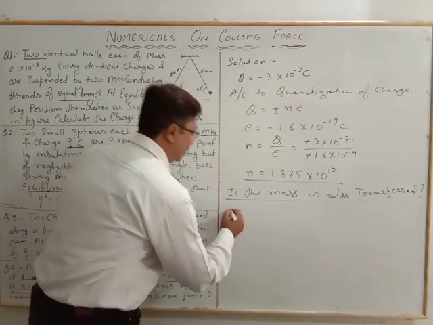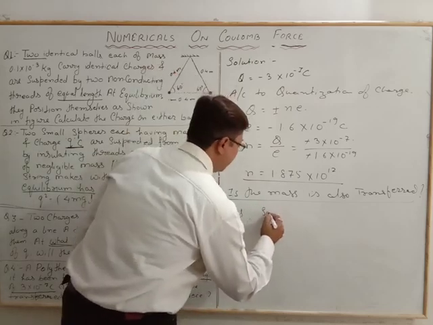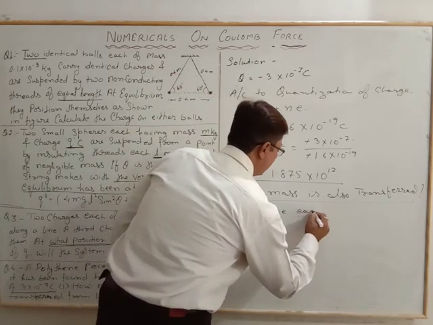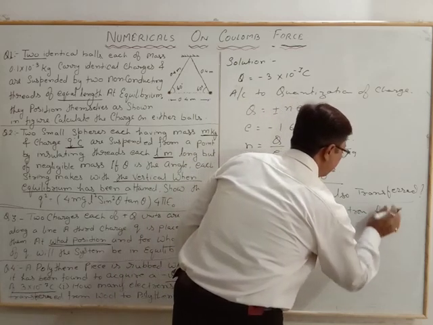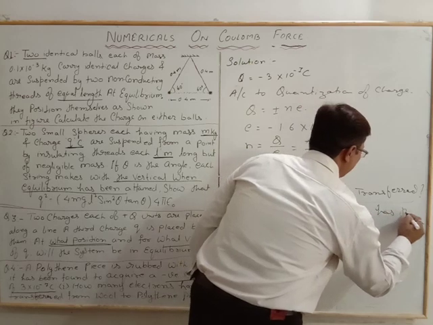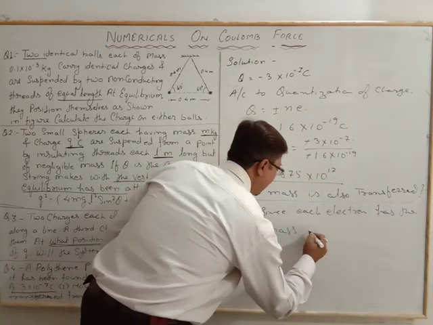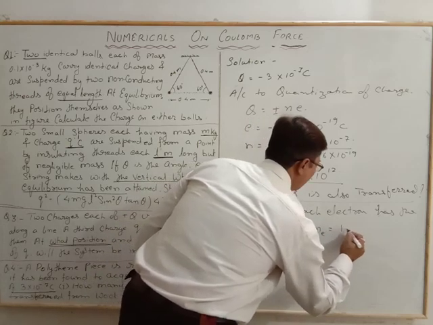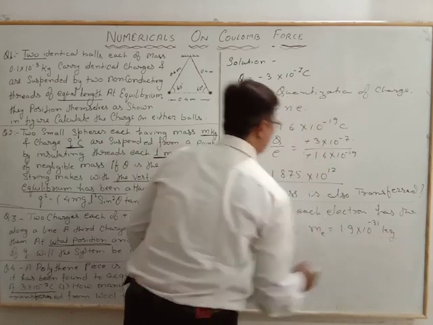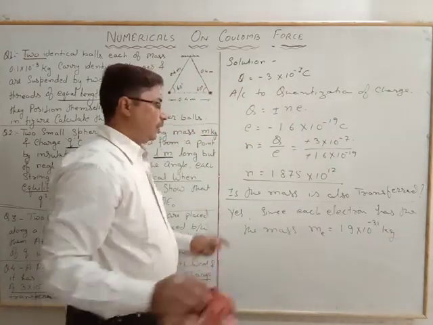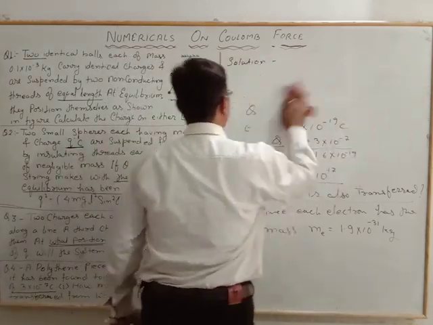Yes, because each electron has mass. The mass of the electron is equal to 9.1 into 10 to the power minus 31 kg. So mass is also transferred from one body to another as the electrons jump.